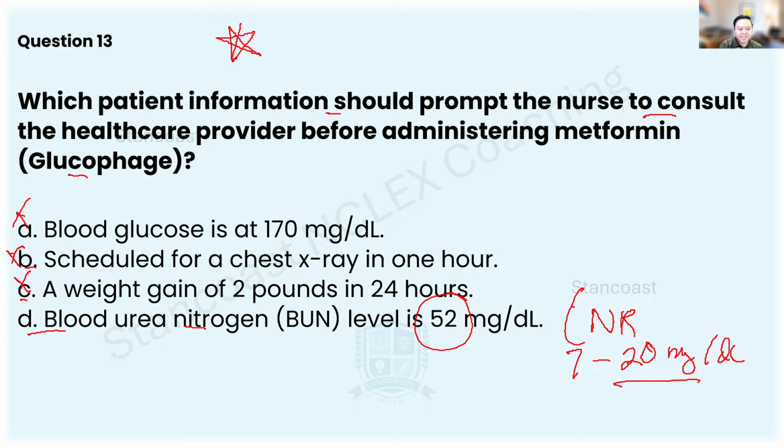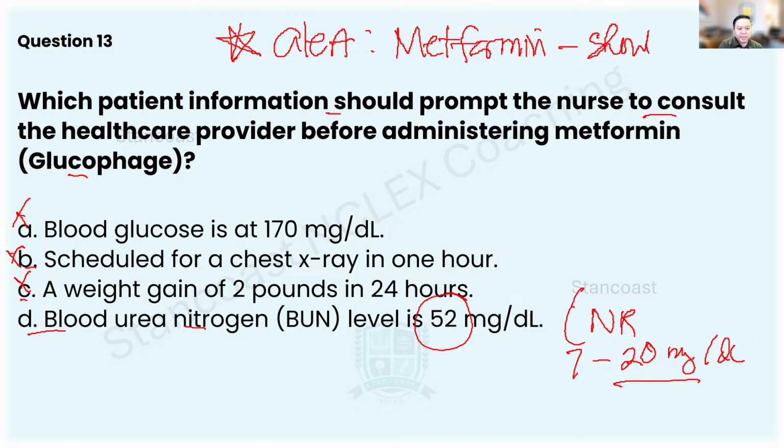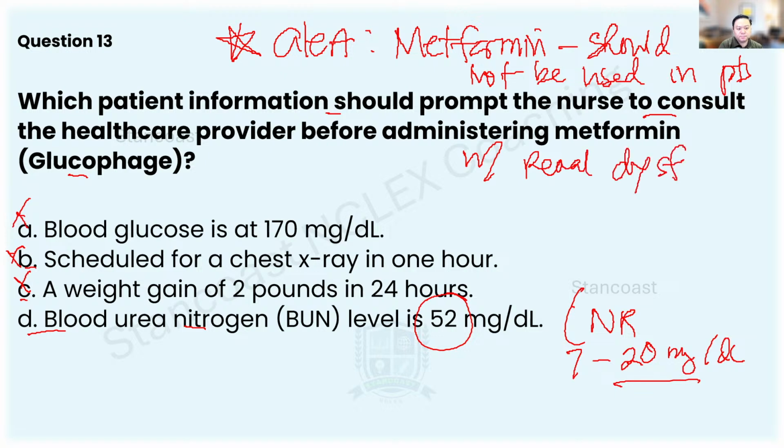Take note, guys. Alert, alert. Metformin should not be used in renal impairment, or in patients with renal dysfunction. Or let's say creatinine that is already elevated. That's another thing.